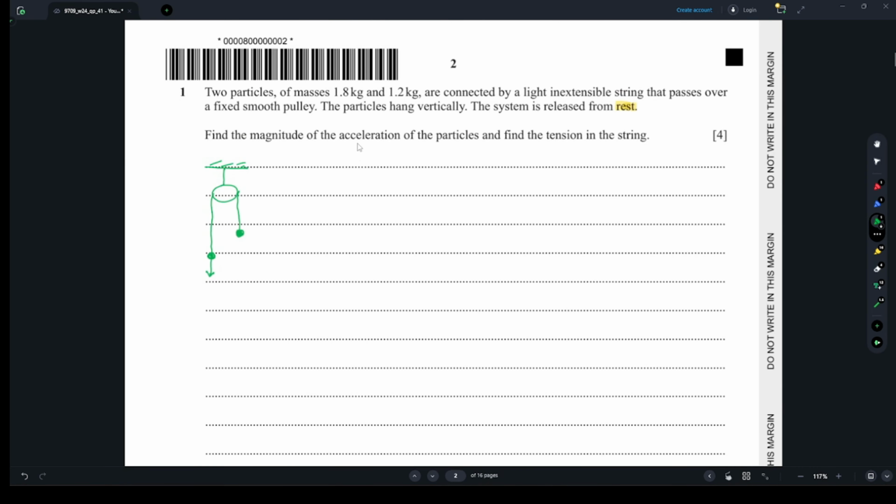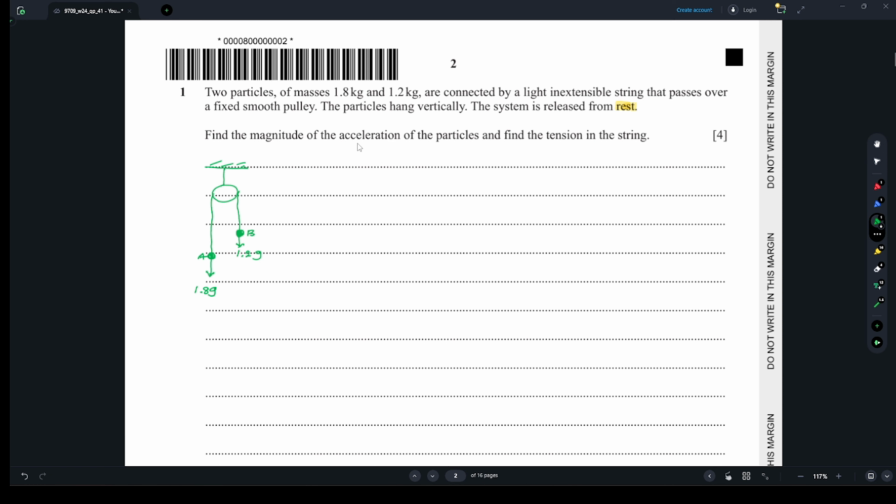So let's take this one as 1.8 kilograms, and the weight, in order to find it, you multiply by g. For the other one it is 1.2g, the weight. For ease, let's name these masses A and B.